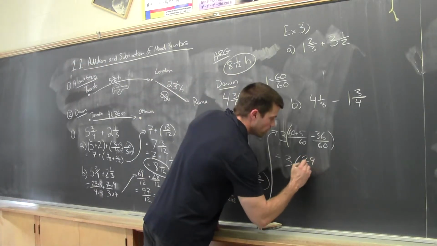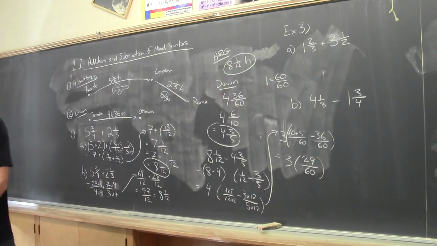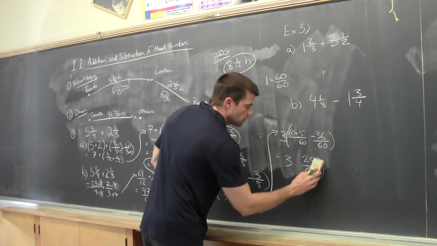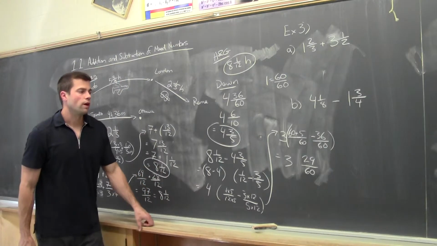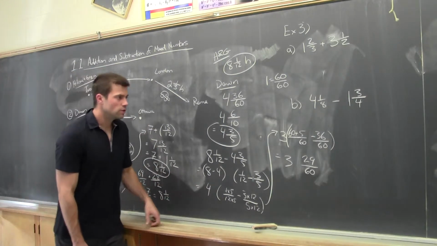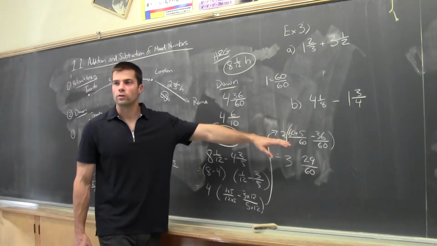So we get 29 over 60, and that's the right answer. So our mixed number is 3 hours and 29 over 60 as our fraction. This scenario is not ideal, because we got into this mixed number issue where we're subtracting.